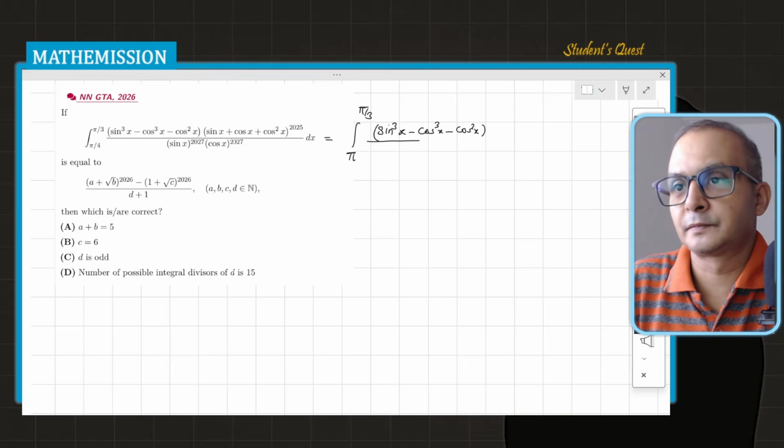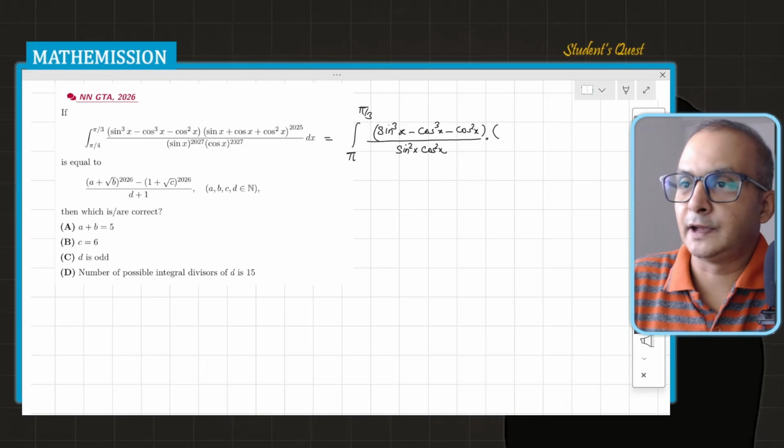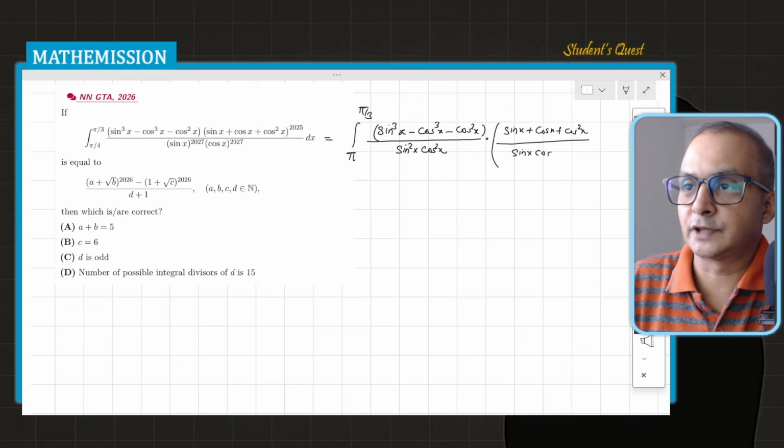So I'm writing there sine squared x into cos squared x, and in the numerator here I will have the entire thing like this: sin x plus cosine x plus cosine square x, and in the denominator I have again sin x into cosine x, and the whole power 2025, because already we have borrowed the two factors out of it.